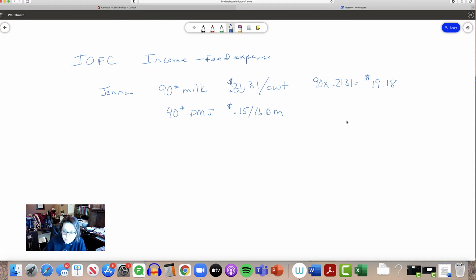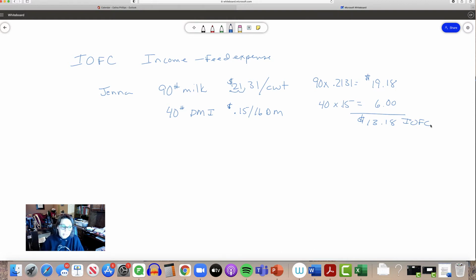But then we need to figure in what the cow's eating. If she's eating 40 pounds of dry matter, and that dry matter is 15 cents per pound, then she's eating $6 of feed per day. And so we simply subtract, and the difference is $13.18. This is the income over feed cost for Jenna at that period of time.